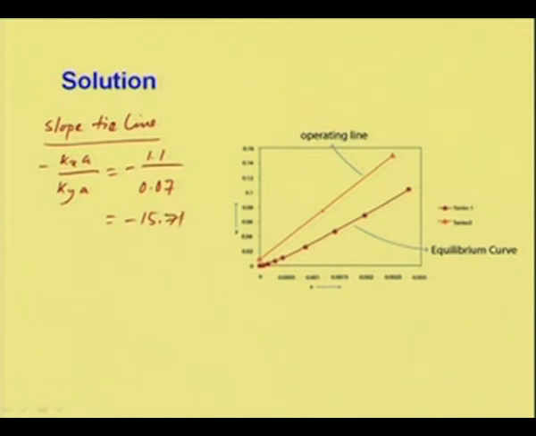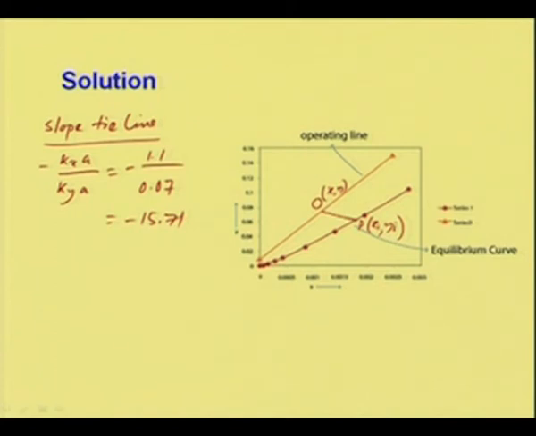This is the equation of the tie line. With this, we can plot the line with that slope and we will get, say, point O, and this is P, and we know xI, yI, and this is point x, y.